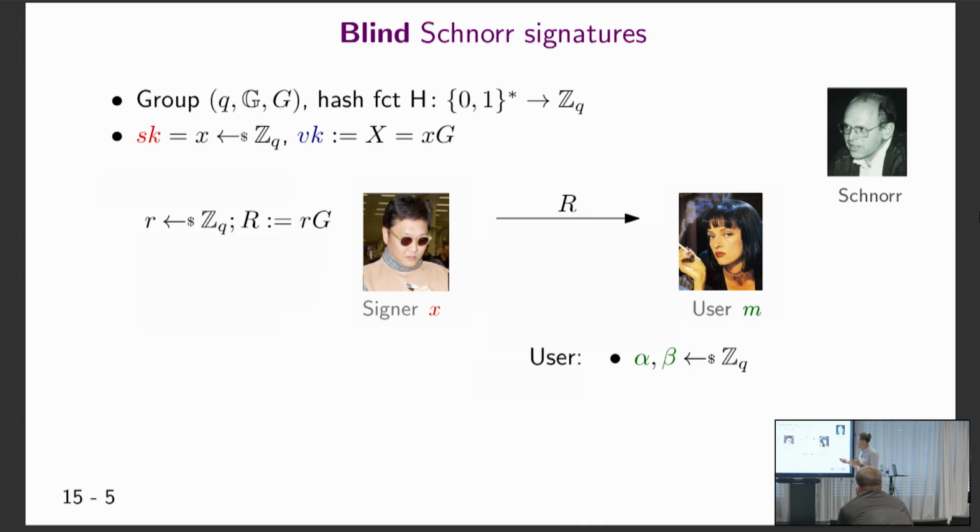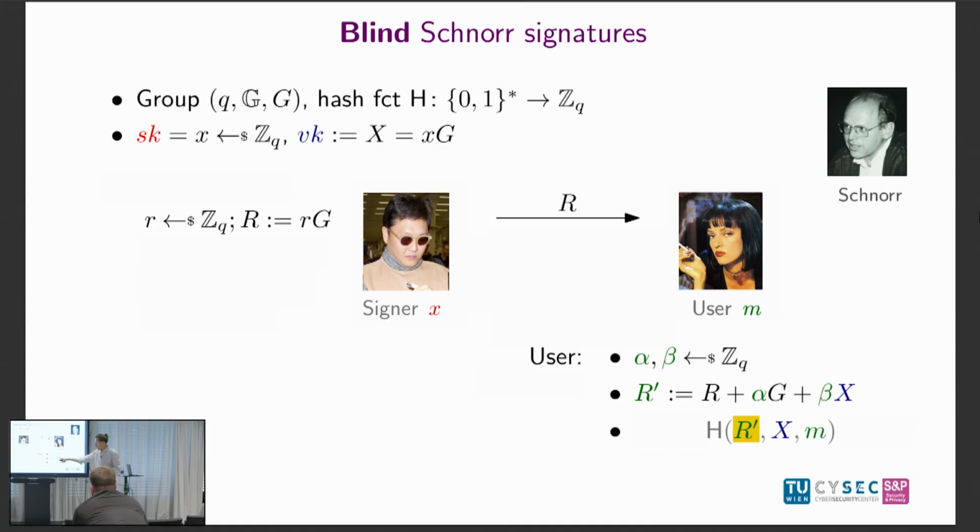The way it works is that the user chooses two blinding values alpha and beta, gets this first value R, but then blinds this R to some other value R prime using these blinding factors, which will be the first element of the final signature. So the user hashes this R prime to compute the challenge. It can't send the challenge to the signer because that would break blindness again.